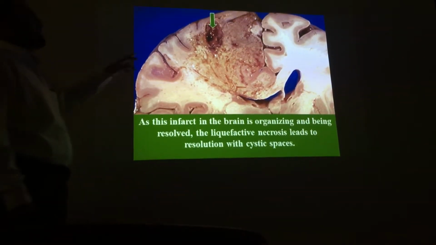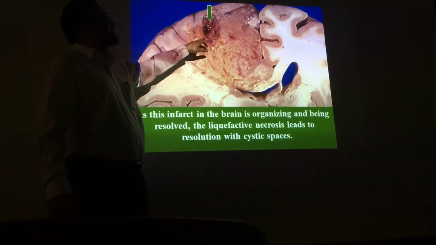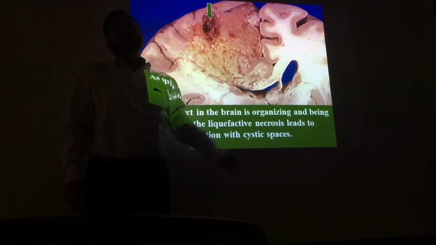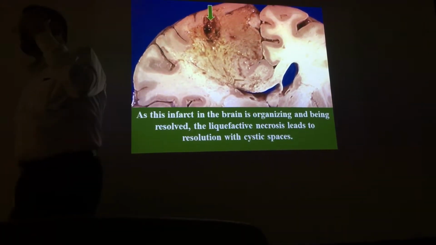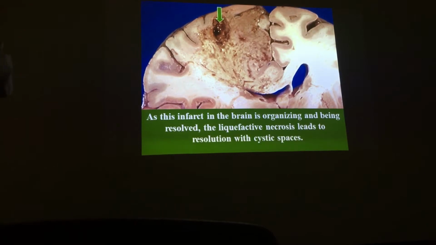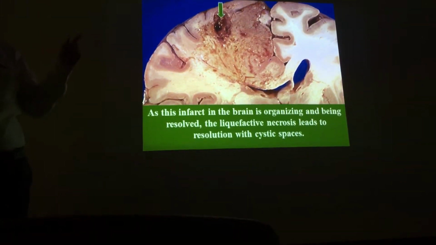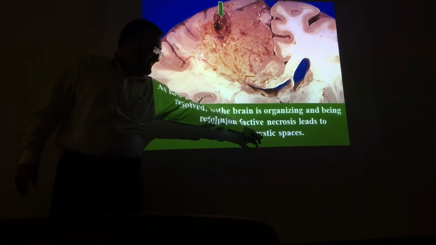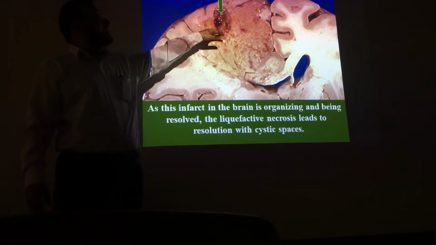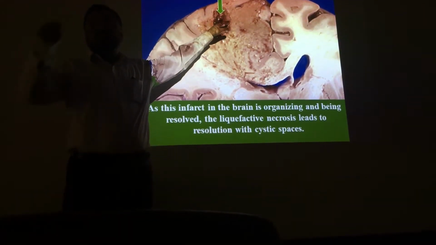This is a cavity. So this cavity is because of which type of necrosis? Liquefactive. And the most important cause of liquefactive necrosis in the brain is ischemia. So you can see this cystic space. This is a liquefactive necrosis in the brain.